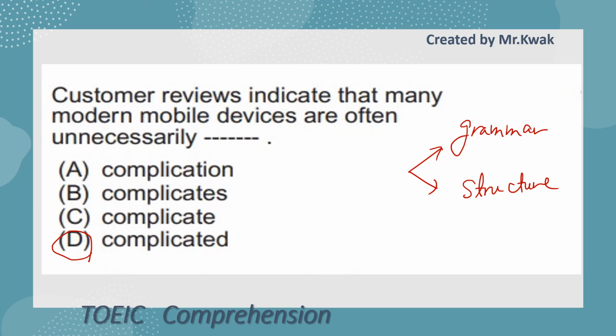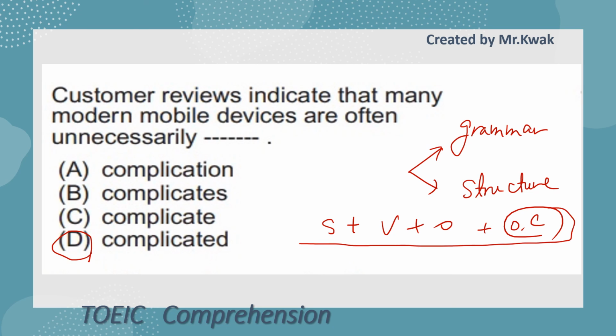What we have to know is what a subject is, what a verb is, what an object is, and what an object complement is. Understanding the structure of the sentence is more important than just memorizing grammar features. If you listen to my class, it's going to be really beneficial. I can definitely say that.